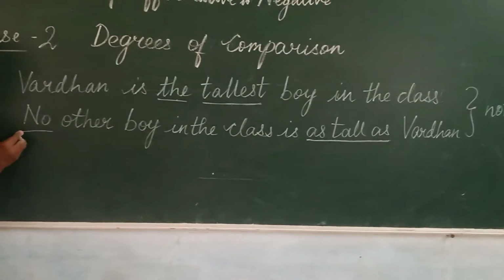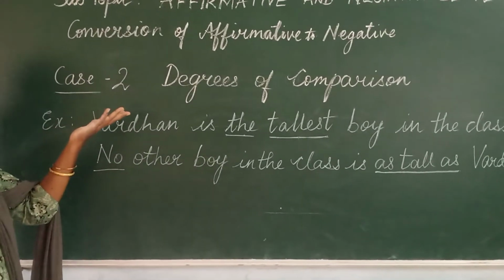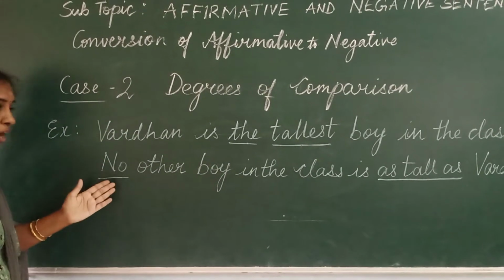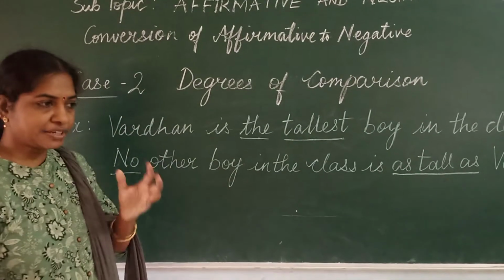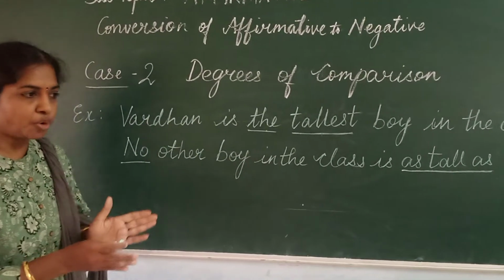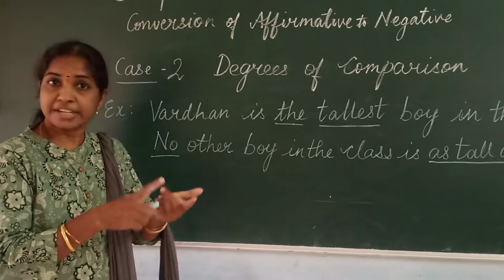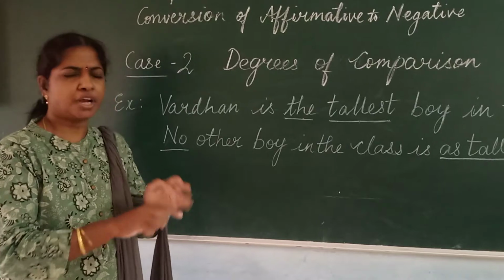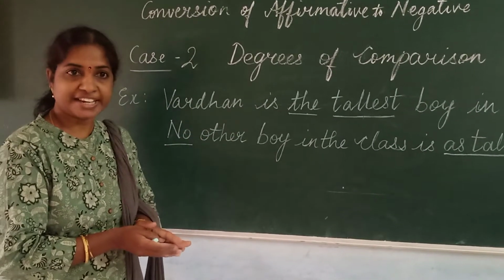Did you observe? There is no. Now don't get confused. In the previous sentences, ma'am, you told not, and now we are using no. Do you remember when I was explaining the negative sentences, I told you about the usual presence of no, not, never, nothing, nobody? Any one of them, you can confirm that it is a negative sentence.